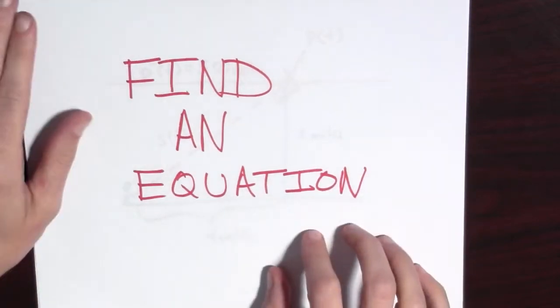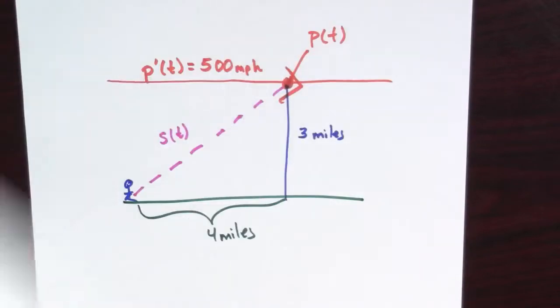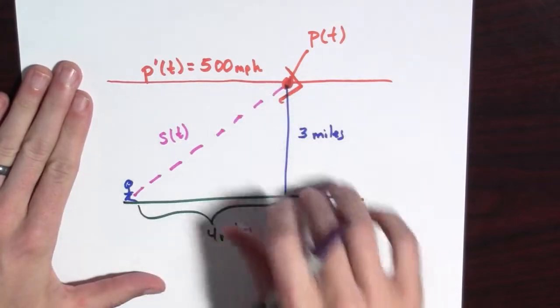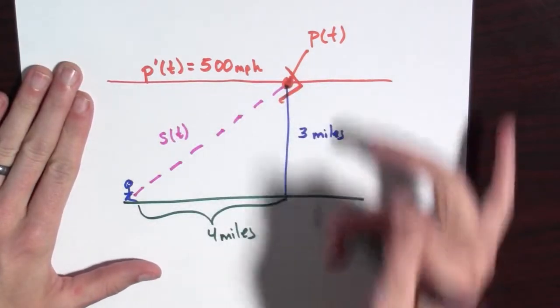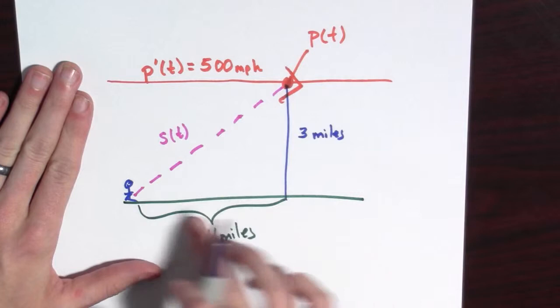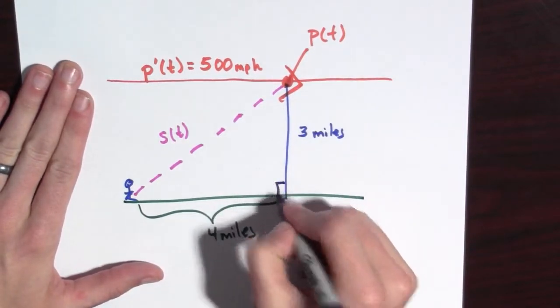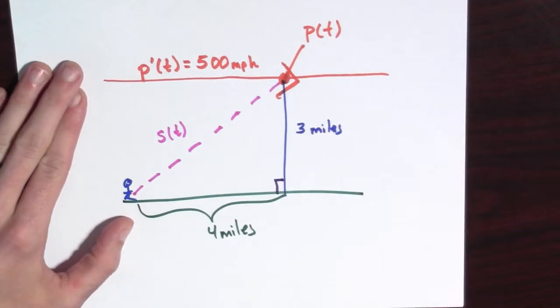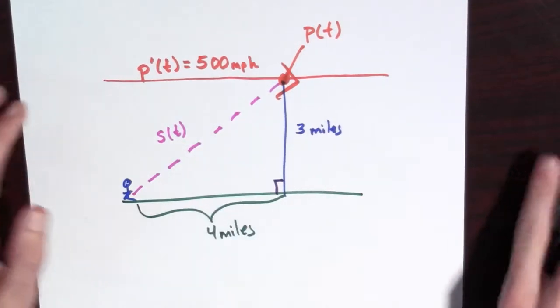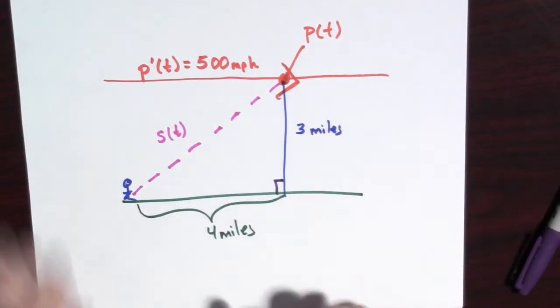Now that we have a picture, we need to find an equation. To find an equation, you should start by looking at the picture that you drew. Well, I see a triangle in here, and since the airplane is directly above the point that's 4 miles away from you, that's a right angle. Aha! We're going to use the most famous theorem in mathematics now.